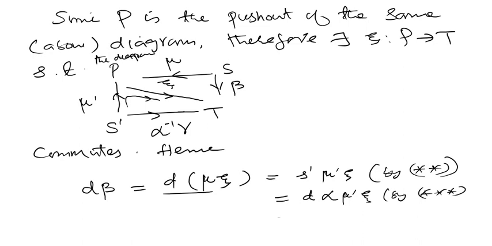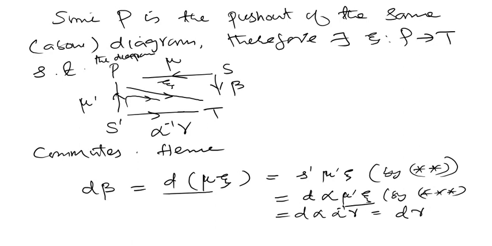Now look at this diagram. Mu prime zeta is equal to alpha inverse gamma, so this is equal to d alpha, and mu prime zeta is equal to alpha inverse gamma, and alpha alpha inverse is the identity, so this is equal to d gamma. So d beta is equal to d gamma.